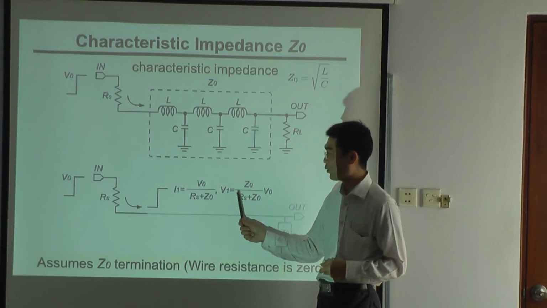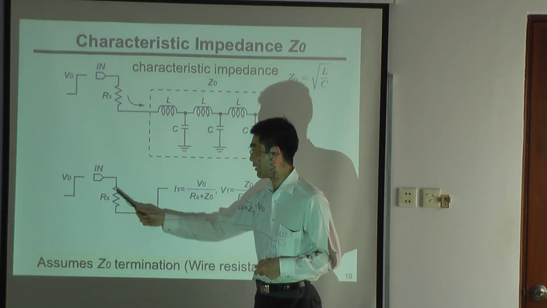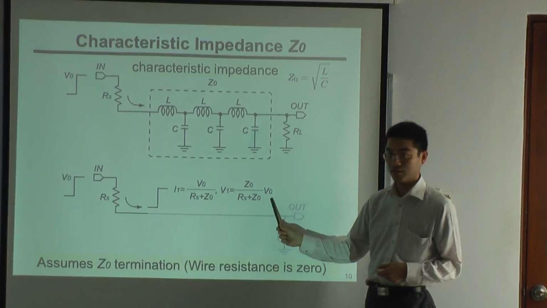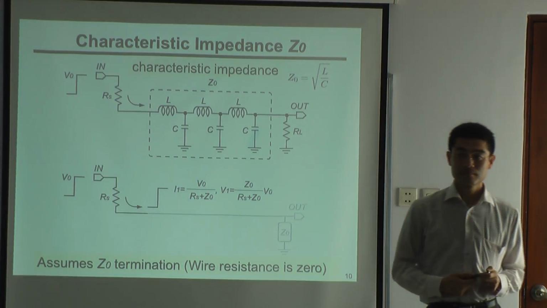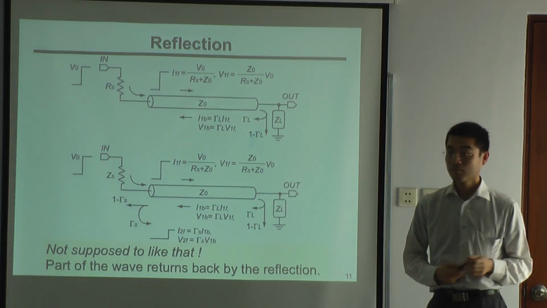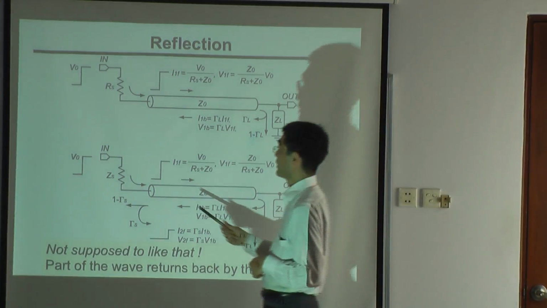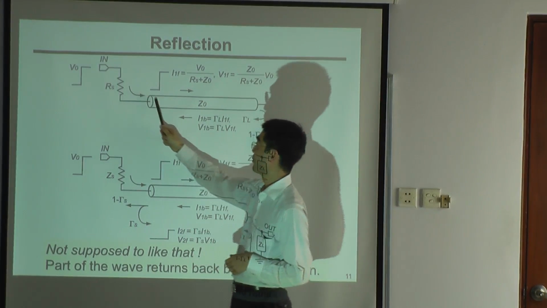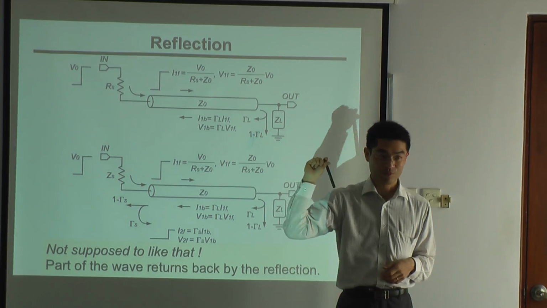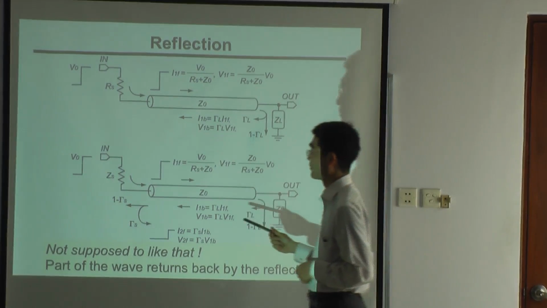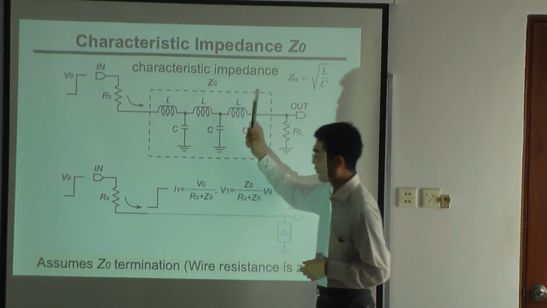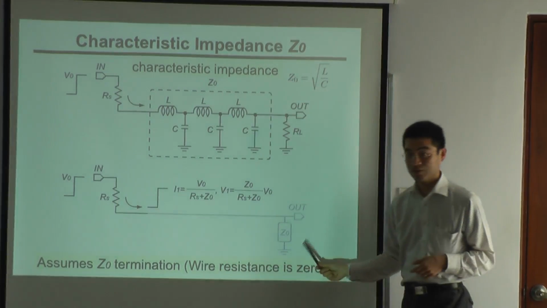And also V1 is the V0 divided by RS and Z0, so V1 becomes like this. This voltage comes into the line assuming that there is a Z0 termination. And here the important thing is that it assumes Z0 termination.